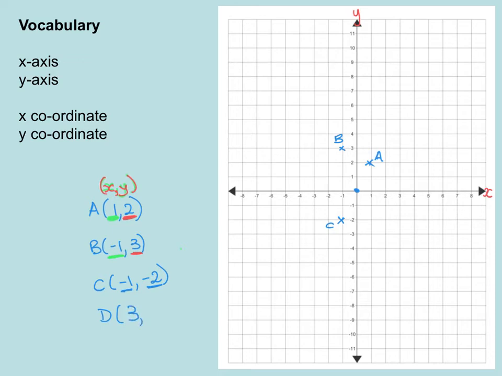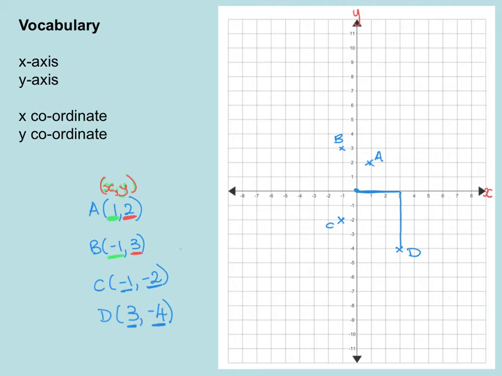A positive number, 3, and then -4. Along the x-axis, and then think about the y. Along to 3 on the x-axis, and then it's got -4, so down 4. 1, 2, 3, 4. And that's where D is going to go there.